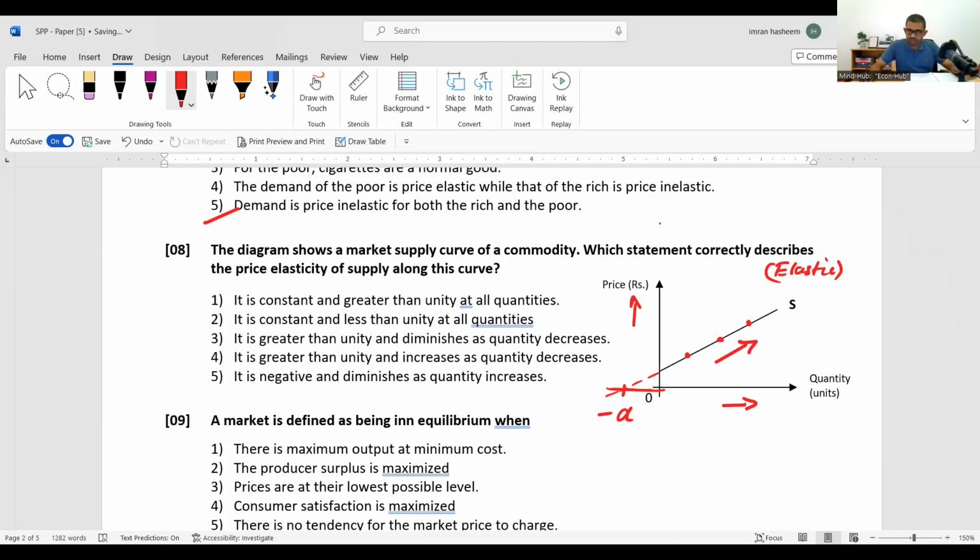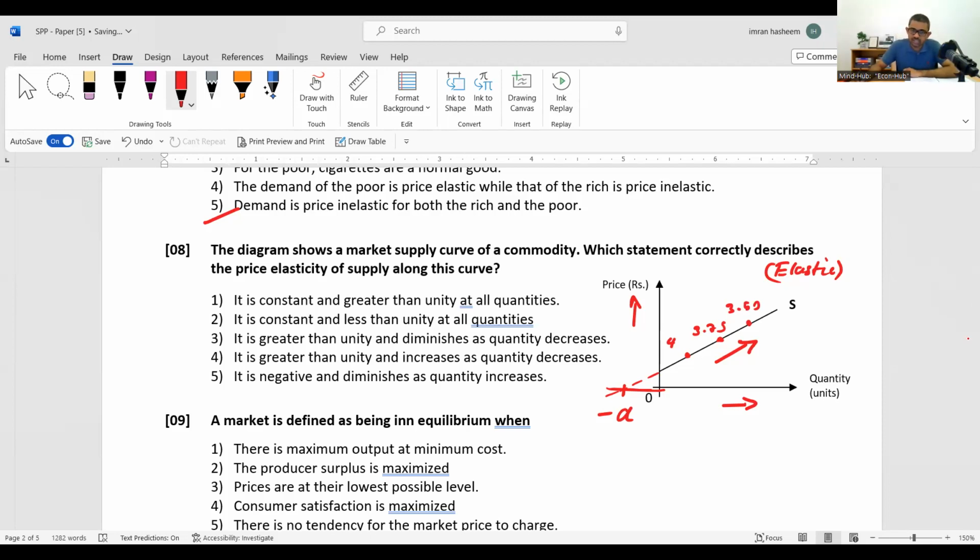It's always more than one, elastic, right? If this is 4, this becomes 3.75, this becomes 3.50.